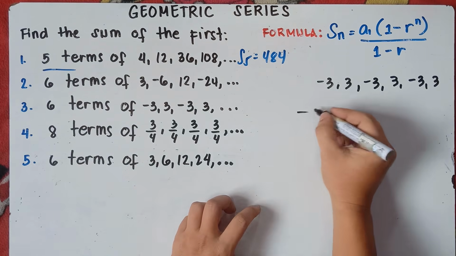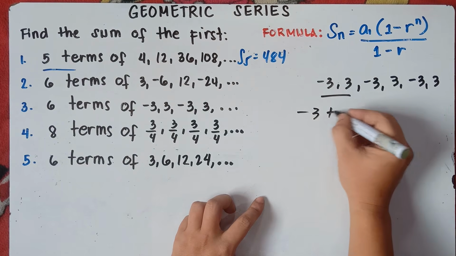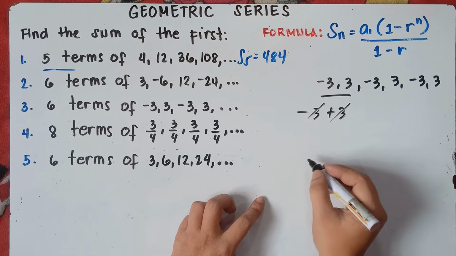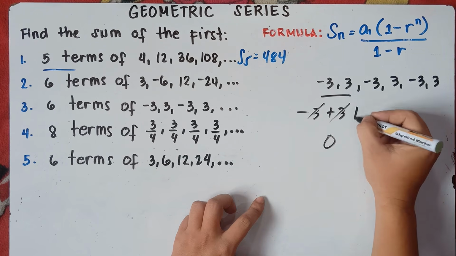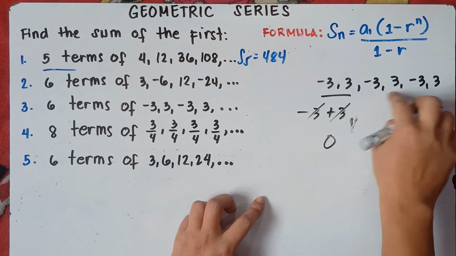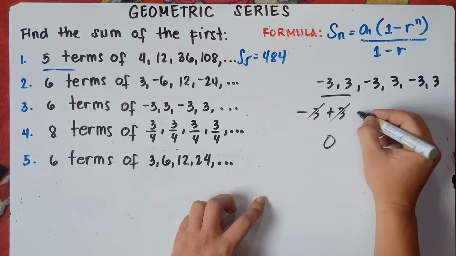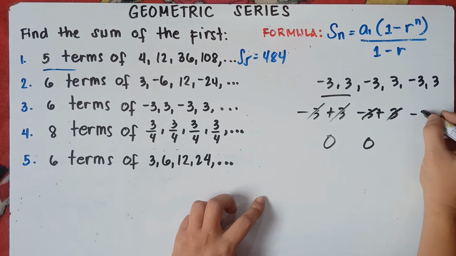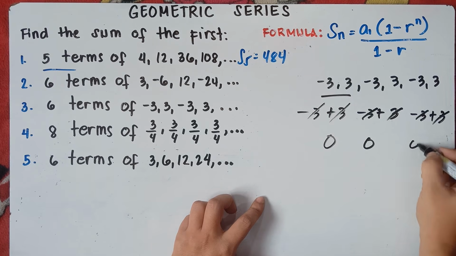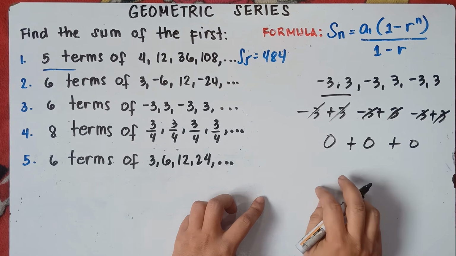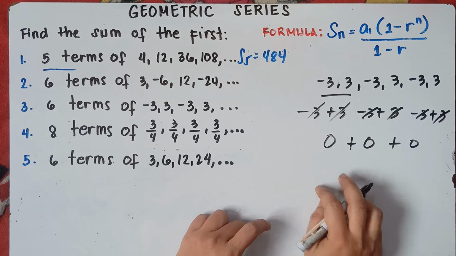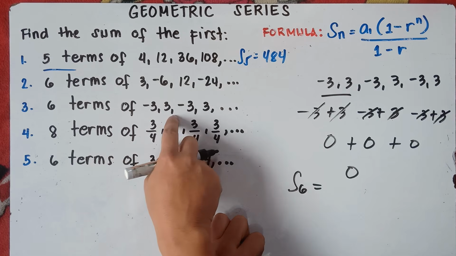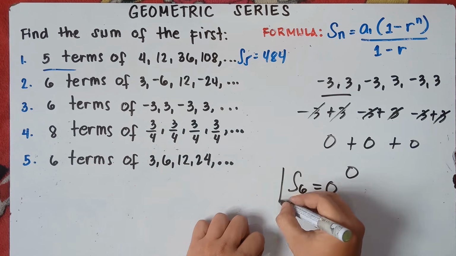If you add negative 3 plus 3, this will be 0. Then negative 3 plus another 3 will be 0, and negative 3 plus another 3 will be 0. So 0 plus 0 plus 0 will be 0. So the S sub 6, or the sum of the 6 terms of this given sequence, is 0.